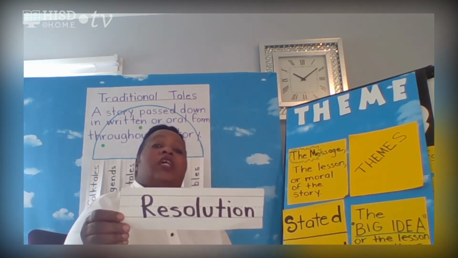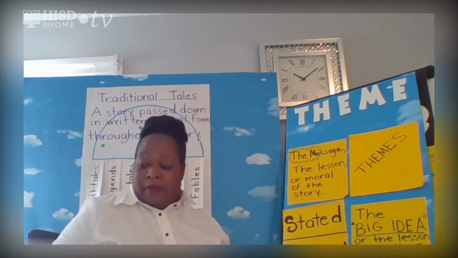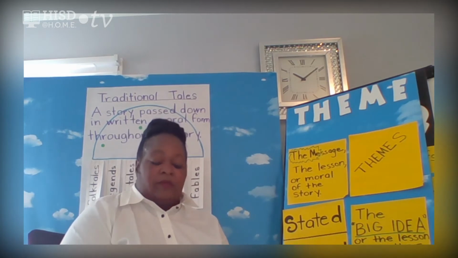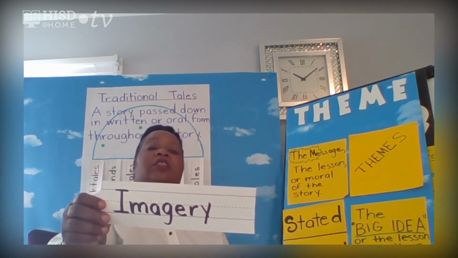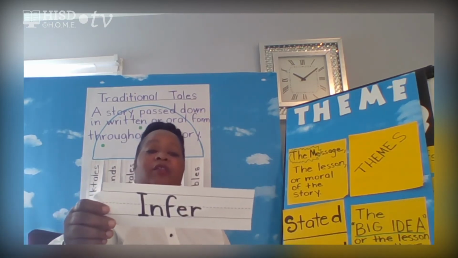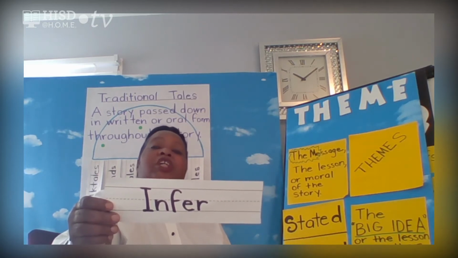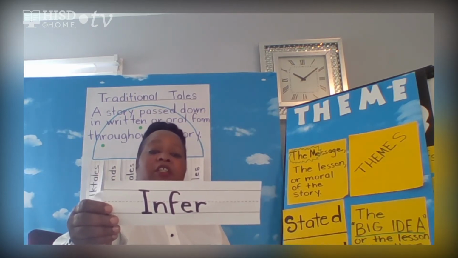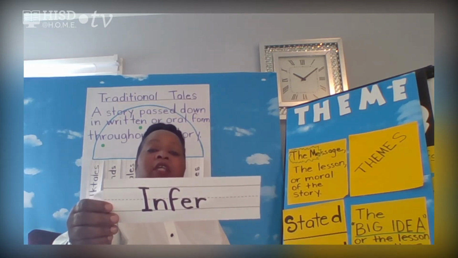The resolution is basically how the main character solves the problem. Imagery, the creation of mental images through language. And infer, to arrive at a conclusion, a generalization, or prediction based on the examination of various details and pieces of information.